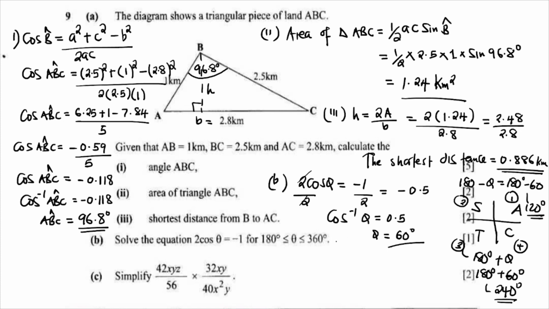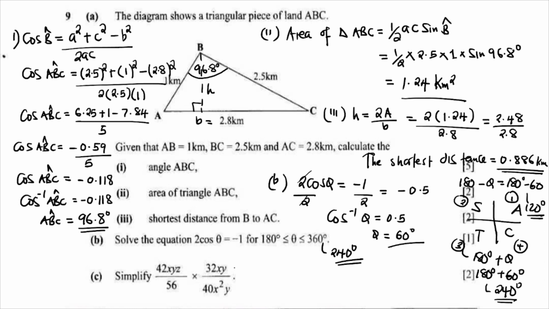So, in this case, our answer is going to be 240 degrees. If it was 0 to 360, both would have qualified to be answers in this case. Okay, we continue. We now look at the last part of the question.